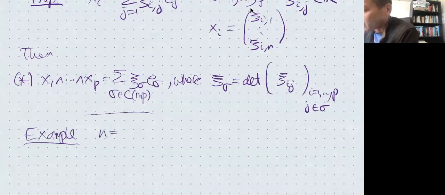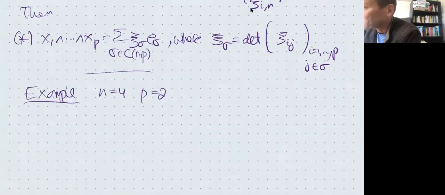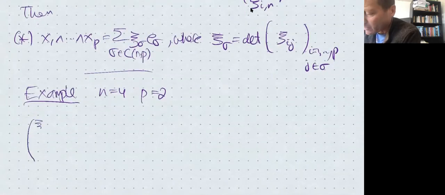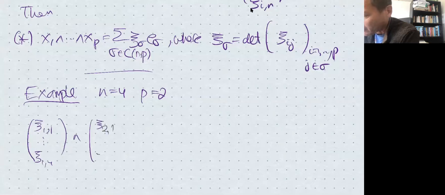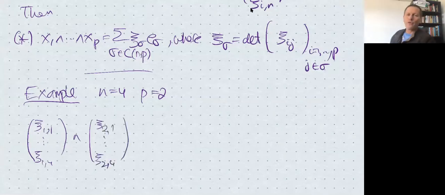So let's just do an example so you understand what this is about. Suppose we're doing a two-vector in a four-dimensional space, and suppose we want to compute the wedge of these two four-vectors.